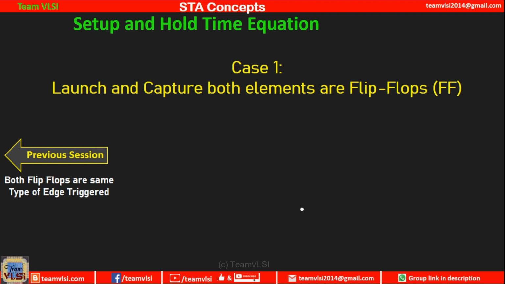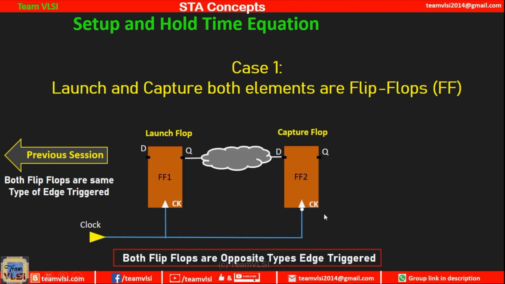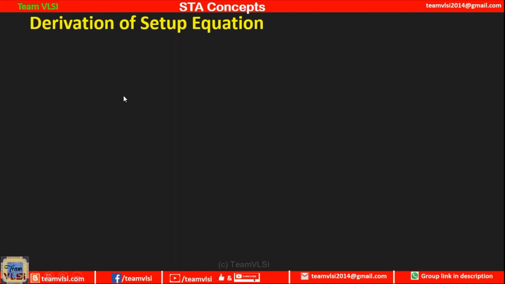Today we are going to discuss a case where launch flop and capture flop are opposite edge triggered. For example, here the launch flop is positive edge triggered and the capture flop is negative edge triggered, and similarly the launch flop could be negative edge triggered and the capture flop could be positive edge triggered. So let's see the derivation for the setup equation first.